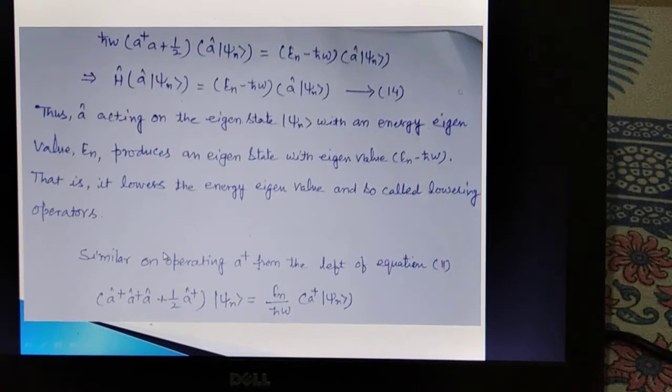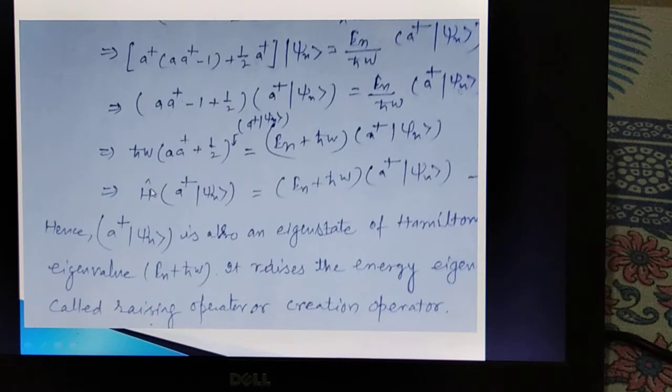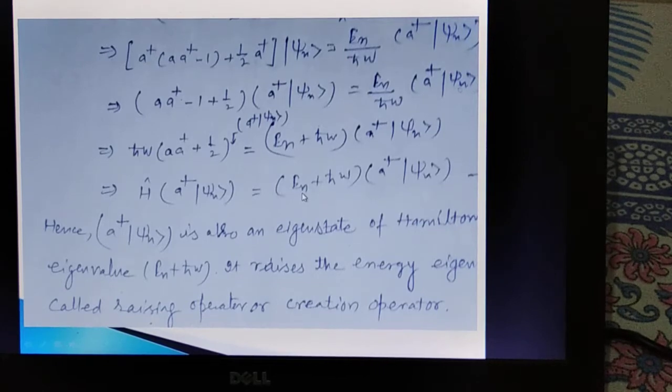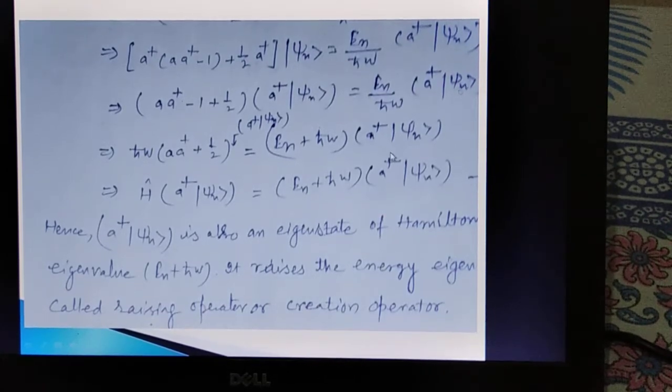Similarly, if we operate A dagger from the left of equation number 11 and again solve this equation, then we find H A dagger psi n equal to (En plus h cross omega) A dagger psi n.